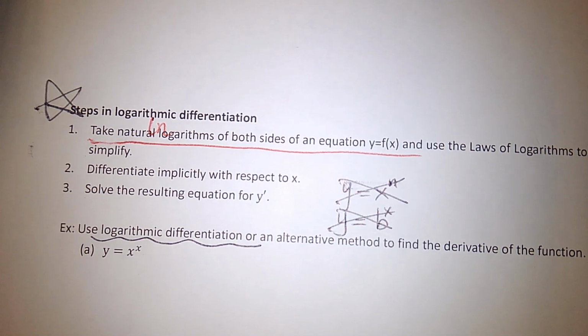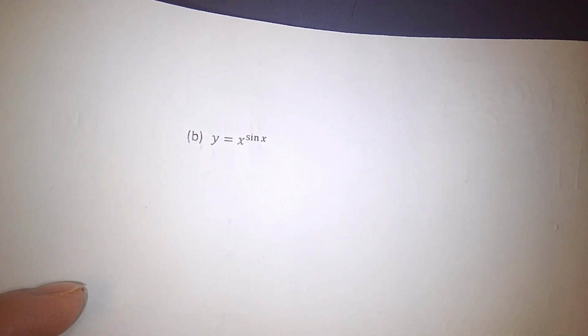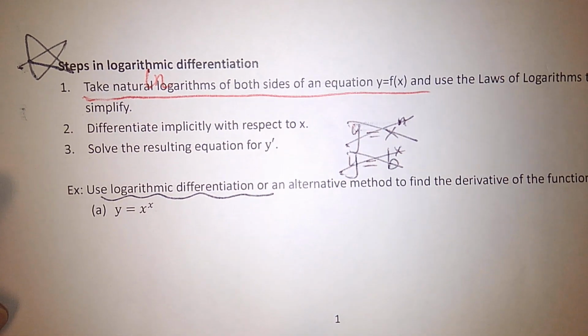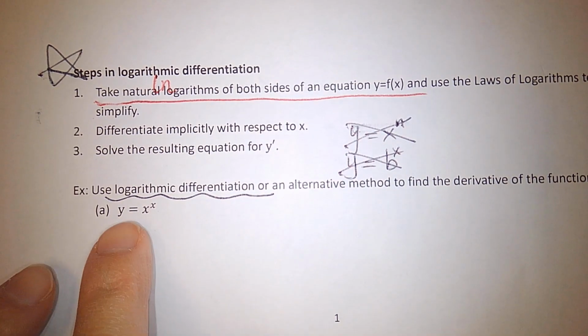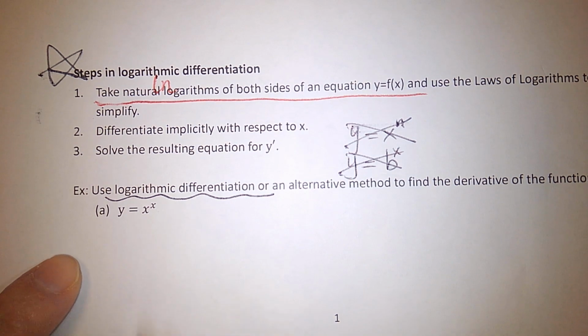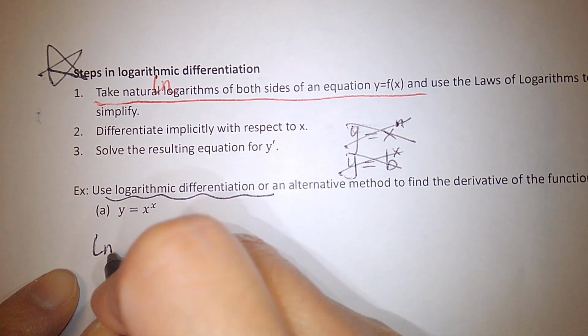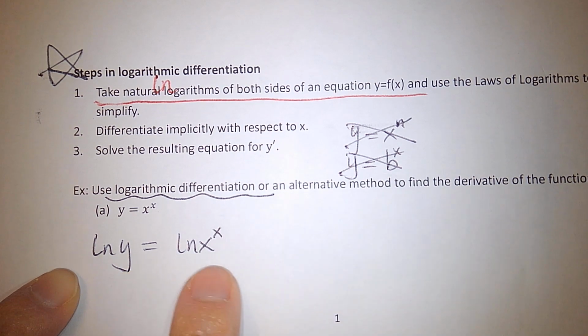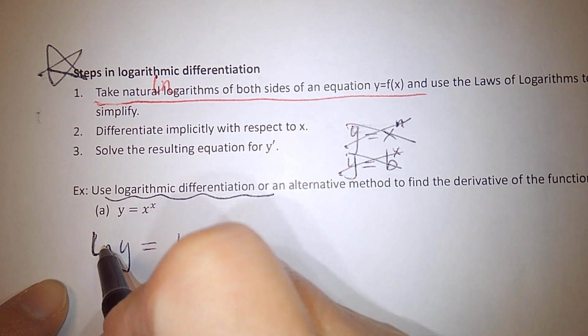We have question A, B, and C. I'm going to use some examples for us. So let's try A and B, and you try C by yourself. So to find the derivative of this function, what do we do? First, take natural log from both sides of the equation.